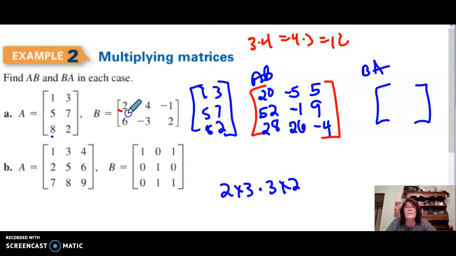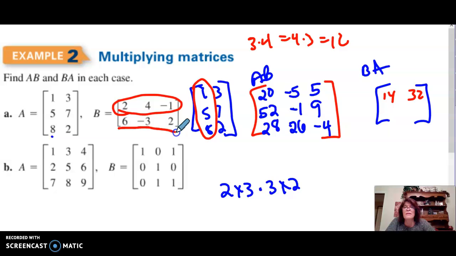Just so I do it in the right order, I'm going to take this row times this column. So that's 2 plus 20 plus negative 8. So 22 minus 8. Is that what I should have? 14? Is that right? 2 plus 20 is 22 minus 8. Yeah. Okay. And then this row times the next column is 6 plus 28 minus 2, 32.